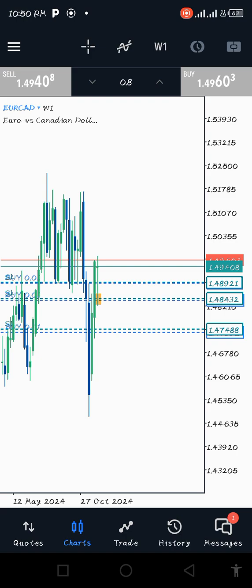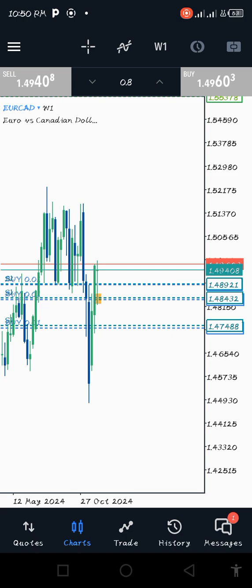If we are selling on this pair, then we should just be prepared for up and down losses. So if at all we are going to consider trading this week, we are just considering buying opportunities. Simple and clear.